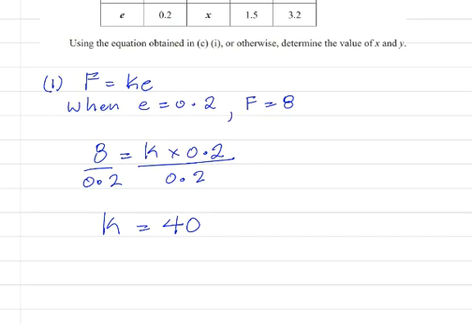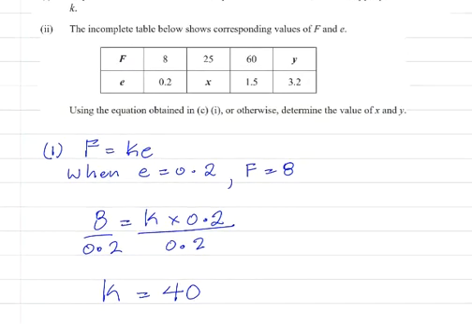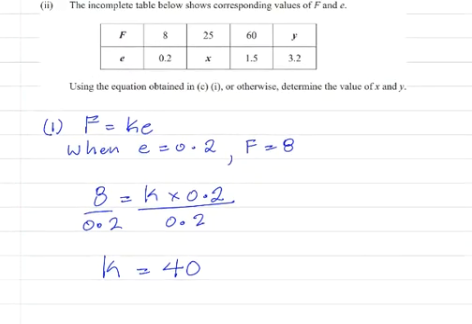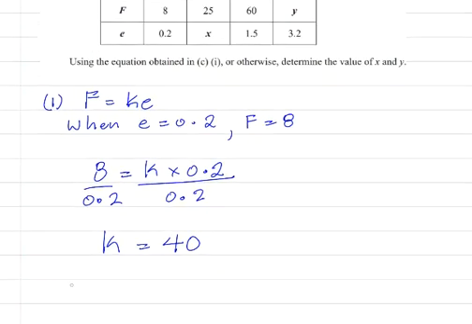So now let's use this information to determine the value of x and the value of y. So I'm going to rewrite this equation and put in this new value for k. So now my equation is saying F is equal to k, which is 40, times E.